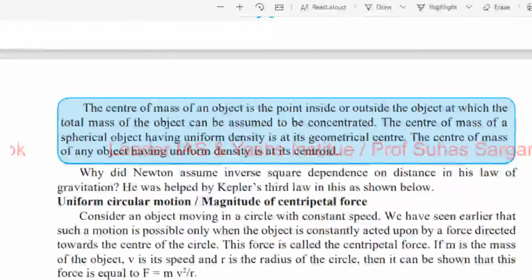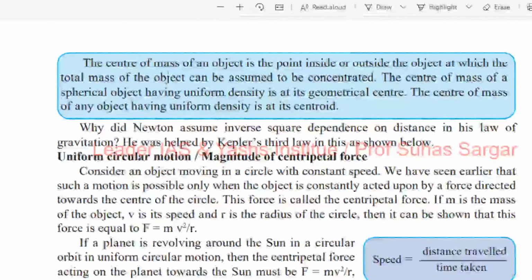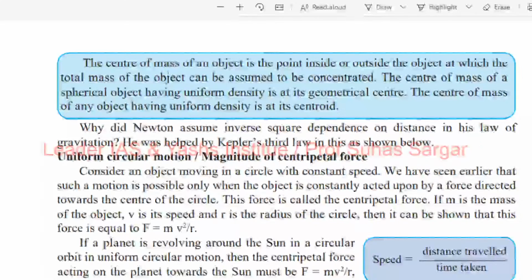Box closed. In another box, the center of mass of an object is the point, inside or outside the object, at which the total mass of the object can be assumed to be concentrated. The center of mass of a spherical object having uniform density is at its geometrical center.